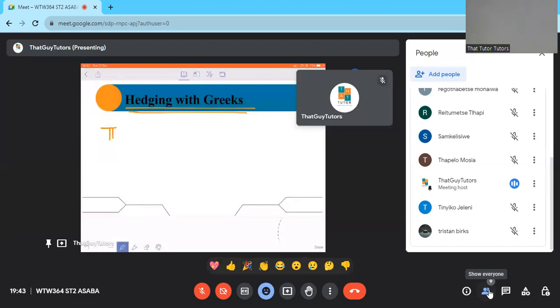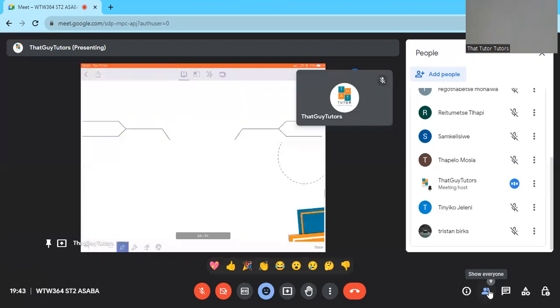So this is how you can count the number of your assets here. So when you want to hedge, you basically just need to find ways in which you can reduce the sensitivity.